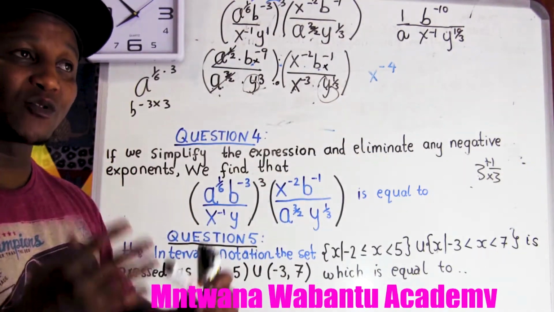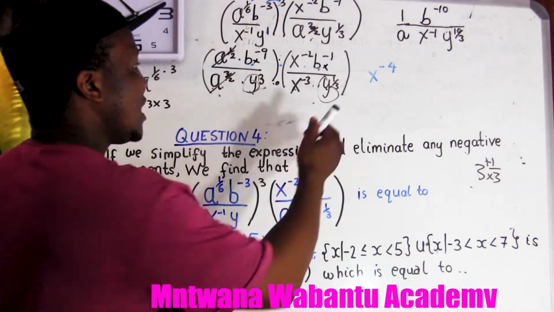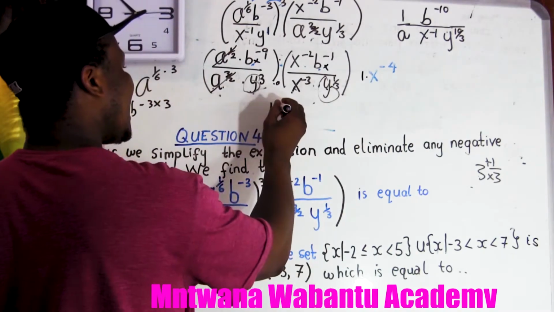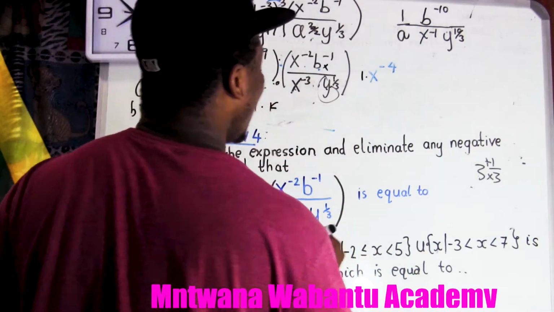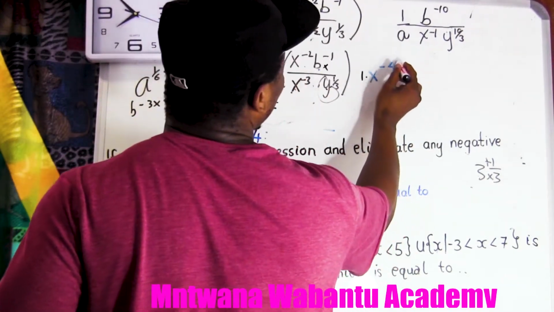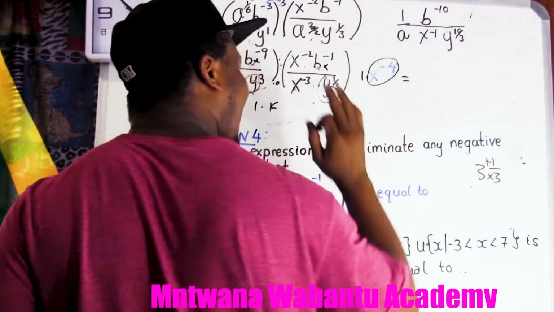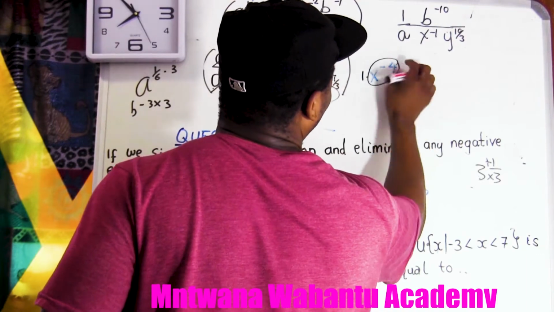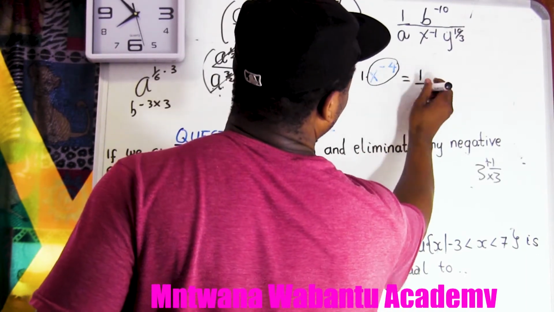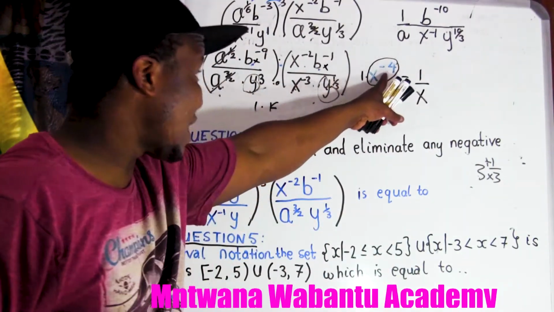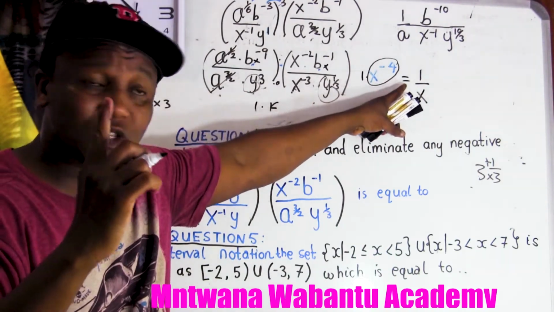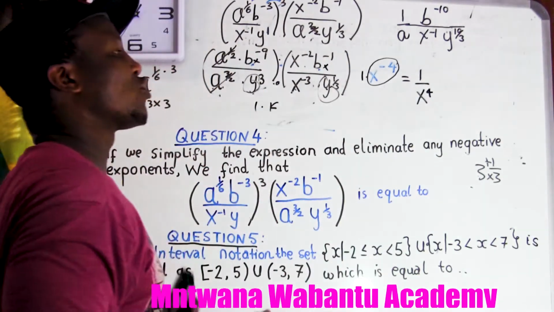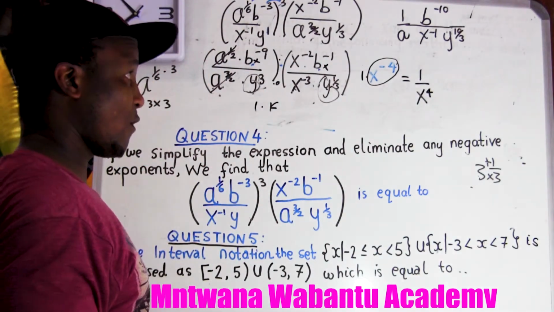So what you do, you have to reciprocate. If there's no number, we know there's a 1. It's like if somebody says k, k is like 1 times k. So what I'm going to do here, I'm going to reciprocate. What do you reciprocate? You only reciprocate a letter or a variable. But the rest of the stuff, leave them. So I'm going to write my 1 over, take everything to the bottom, x. Exactly the way you take it to the bottom. But the only thing you change is this sign. So this sign is going to become positive. So it's going to become 1 over x positive 4.